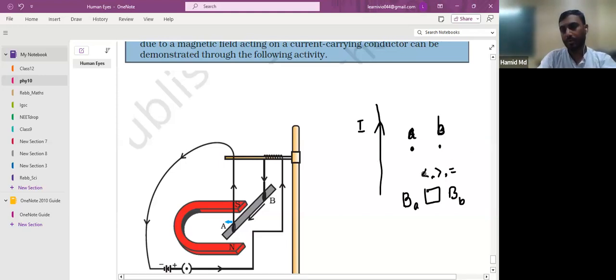Okay, tell me what will be among these three in the box. Sir, can you please explain the question? Okay, the question is that this is a straight wire, current is I, so there will be a magnetic field around it. We have 2 points, A and B, and I'm asking what will be the value of the magnetic field at point A and point B in relation, with smaller than, greater than, or equal. Whatever the suitable symbol is, let me know what you will put inside this box.